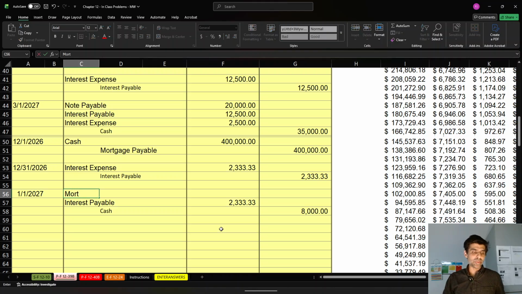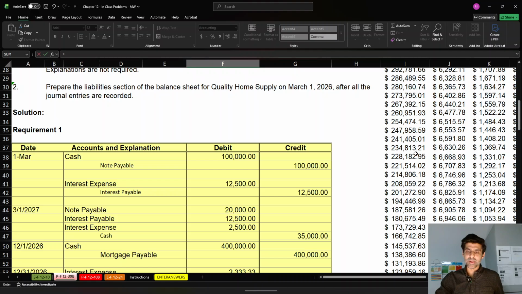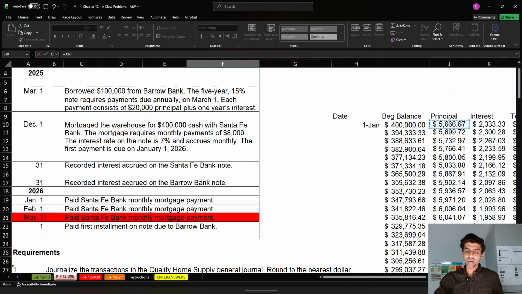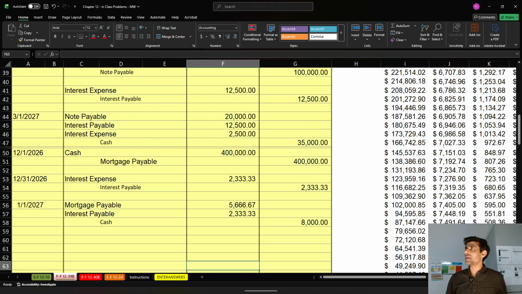So, Scott, tell me, how much is mortgage payable? Exactly. And you can get that from your table again by looking at the first payment amount, the principal amount. Okay? So this is the journal entry for that first payment.